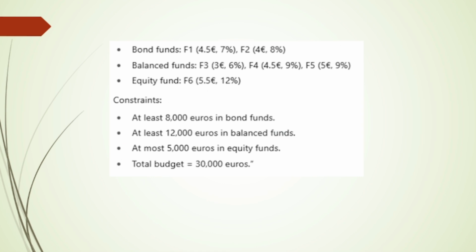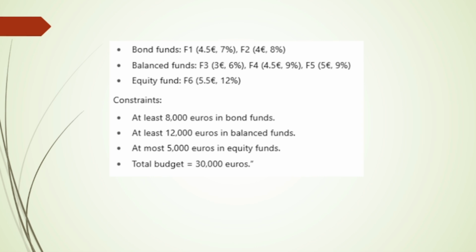About the data, we need to check that the bond funds are F1 at 4.5 euro with 7%, F2 at 4 euro and 8%. Balanced funds: we have F3 at 3 euro, 6%, F4 at 4.5 euro, 9%, and F5 at 5 euro, 9%, with an equity fund F6 at 5.5 euro and 12%.